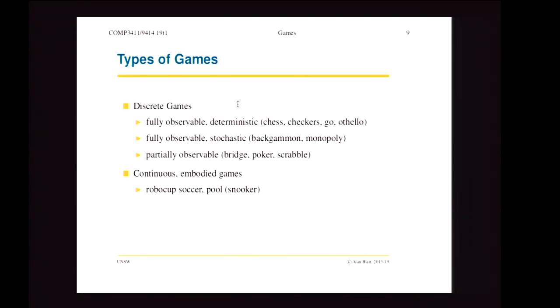So there's information that's hidden from one agent and not the other. And then those games are all discrete, and then later afterwards we'll have a look at how these ideas can perhaps be extended to continuous embodied games like RoboCup Soccer and pool.